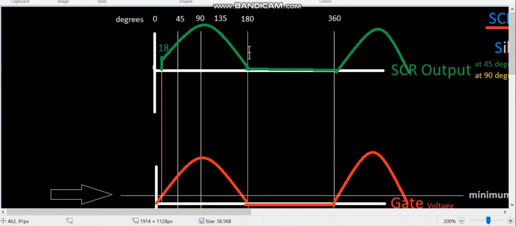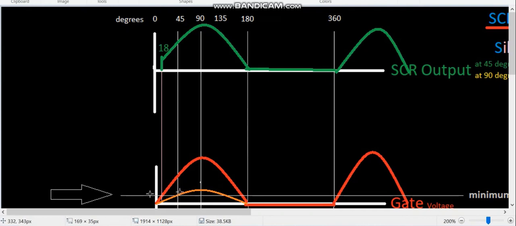So it stands to reason that if I decrease my gate current, let's go back here and take a look. I'll use orange here. So here's my gate current. I'm going to apply a gate current here and thin that out. Let's say I go a little bit less, to here, whatever that value is, it's higher than the minimum gate current.